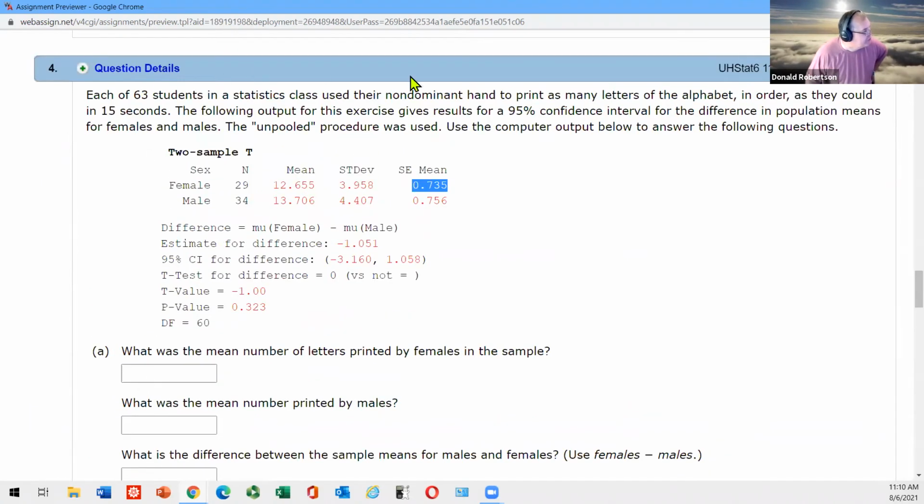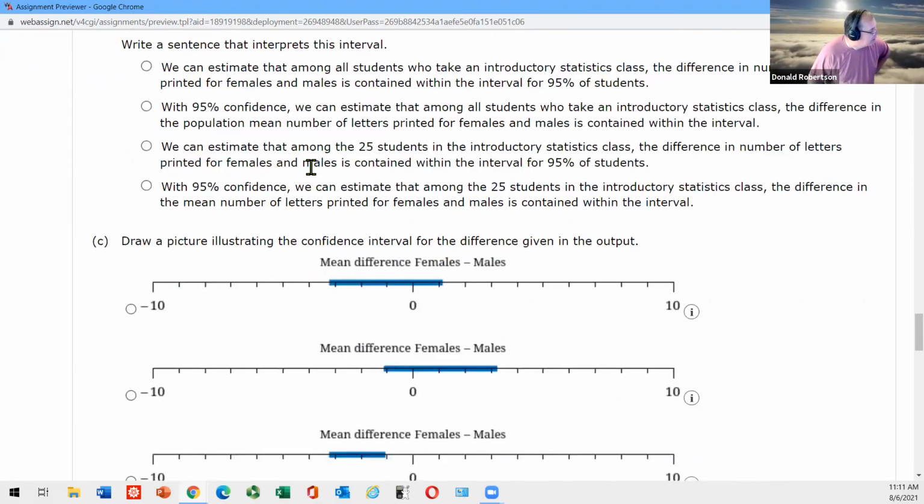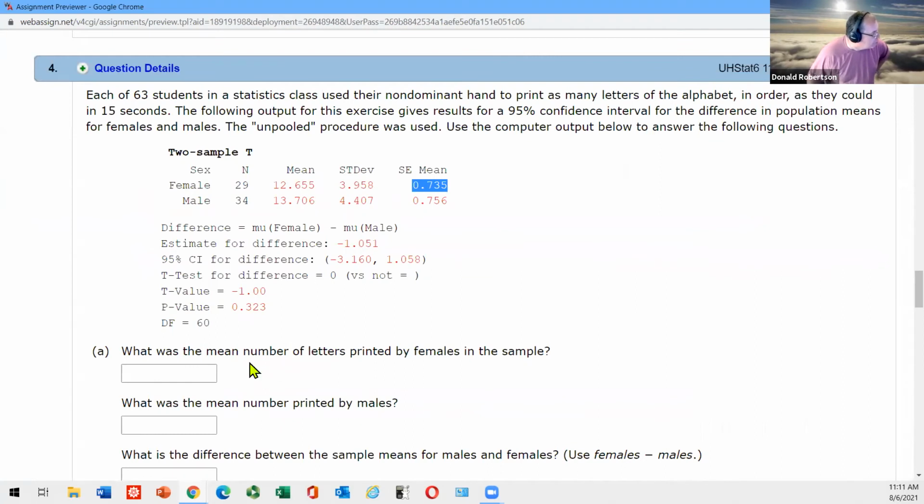We just have to treat it the same way that we did question 1, because you see there's no Salt button. So that means it's either numbers that we can read straight off the thing, or later on, if we have to, we could do other things. So what was the mean number of letters printed by females? 12.655.